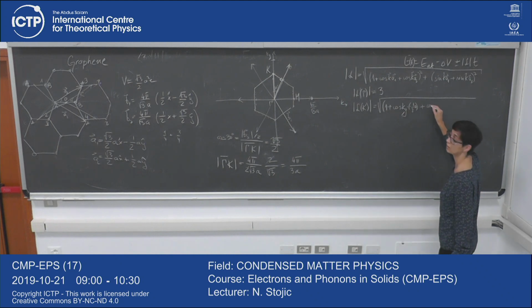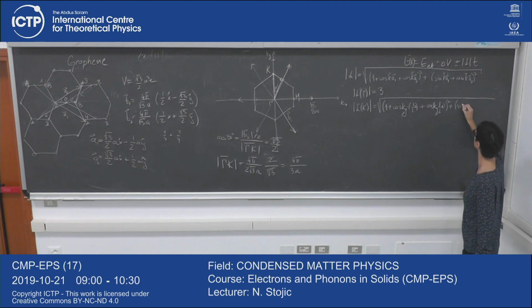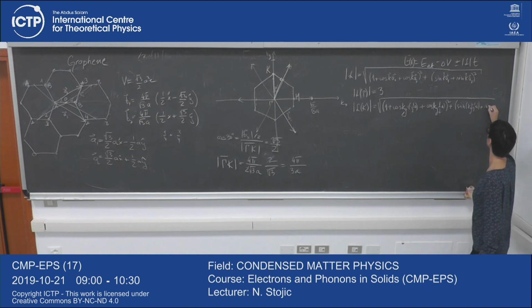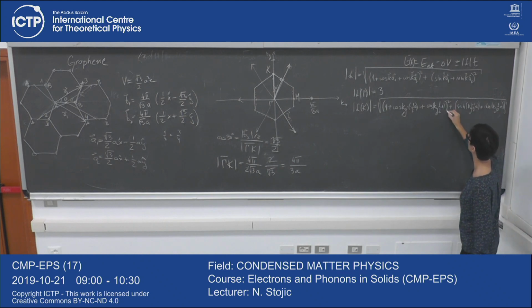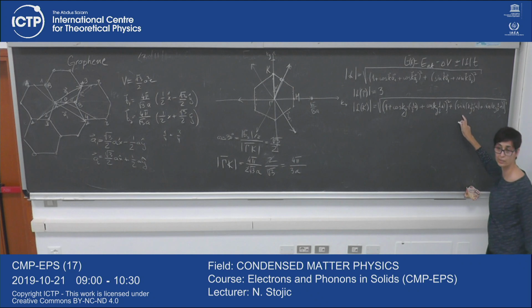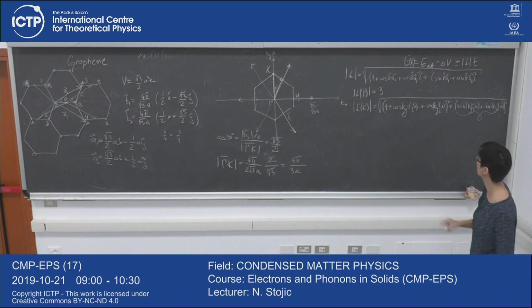Are you following? Plus cosine ky times 1/2 of A, squared, plus sine of ky times minus 1/2 of A plus sine ky 1/2 of A. Right away, sine is an odd function, so sine plus and sine minus give 0, and we are left with this.